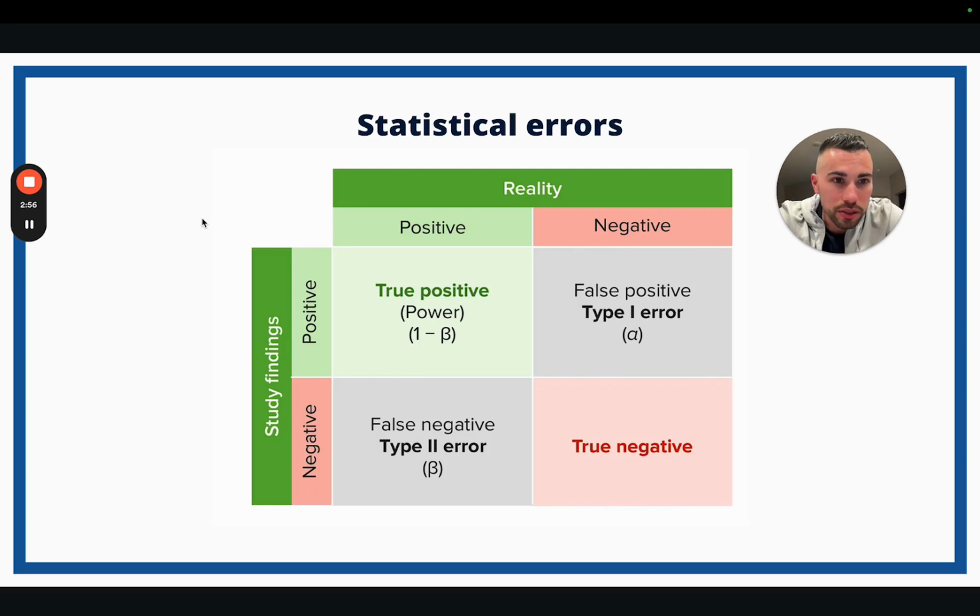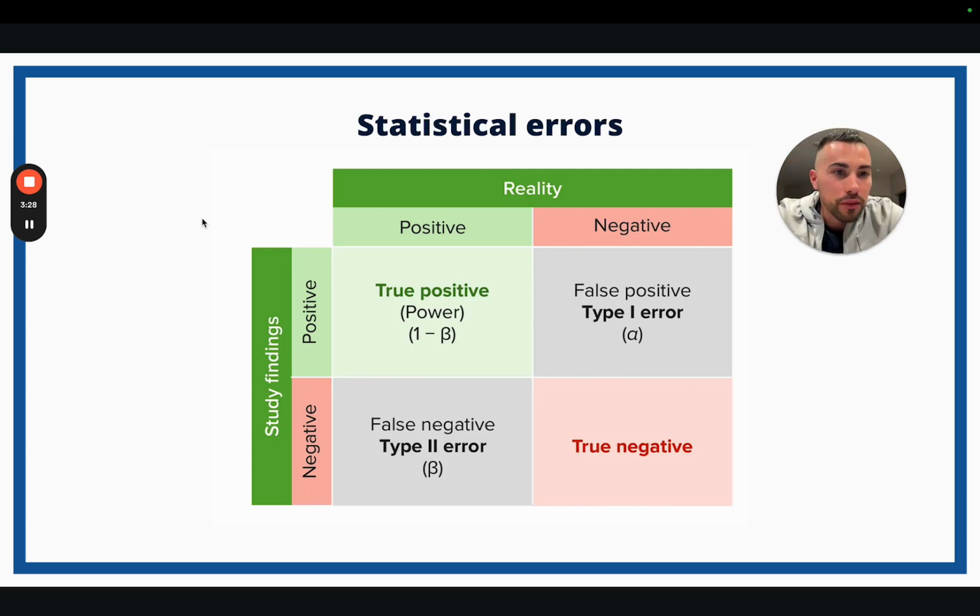So it's a true positive. But on the other side, we have a negative reality. In other words, there is no difference, but we are claiming that there is an actual difference. That is a type 1 error, which is kind of dangerous because we will claim a difference when in fact there is no difference between any of the programs that we are studying.